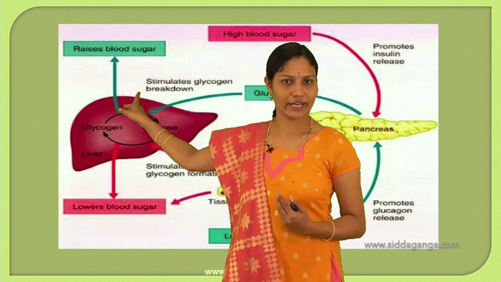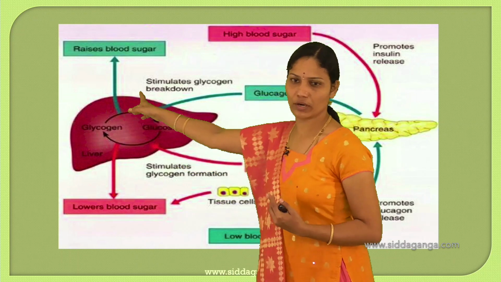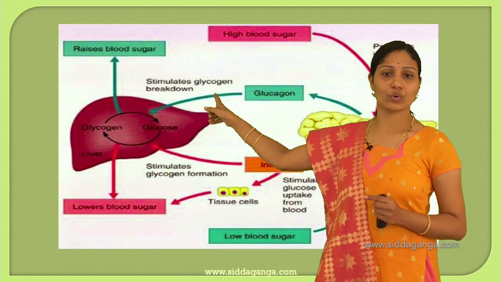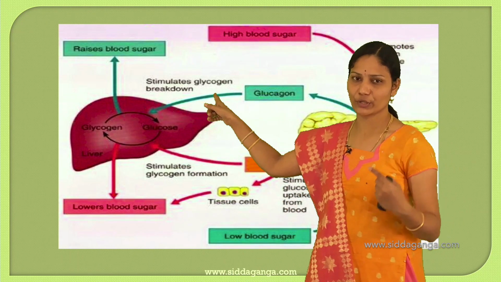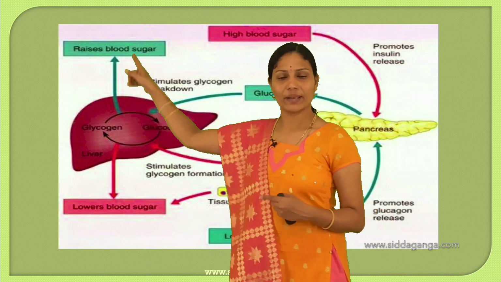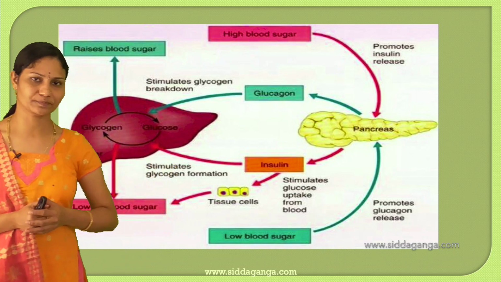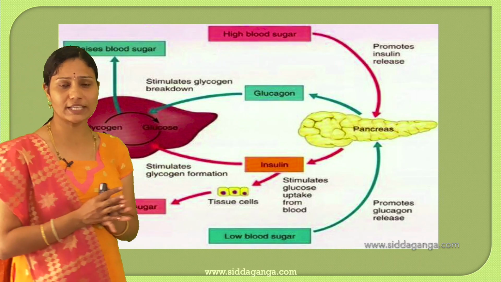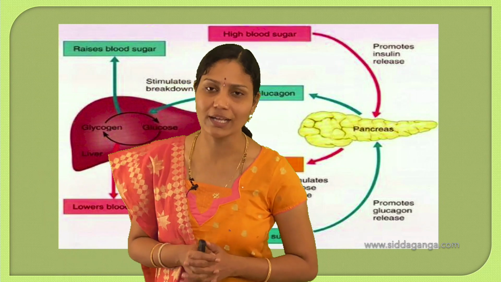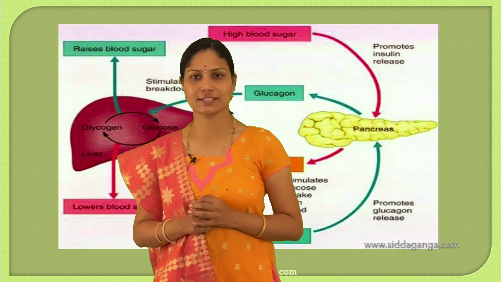Glucagon stimulates glycogen breakdown. Glycogen is broken down into glucose, and that is how blood sugar again increases. So this is how both insulin and glucagon regulate blood sugar levels.